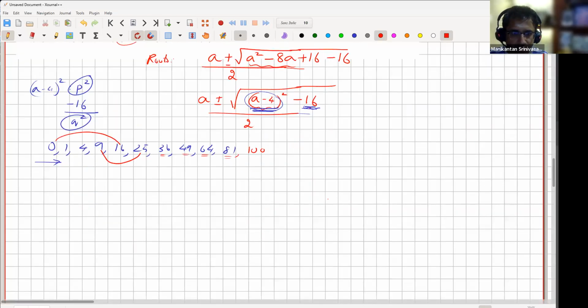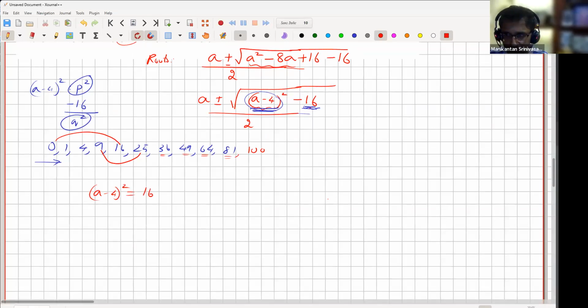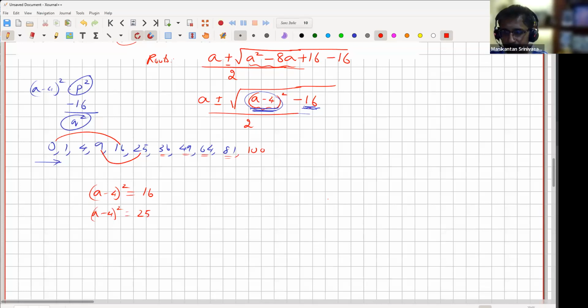So what is the number we are talking about? Which means a minus 4 whole square could either be 16, so that when you subtract 16, you get 0, which is a perfect square, or a minus 4 whole square could be 25. When you subtract 16, you get 9, which is a perfect square.